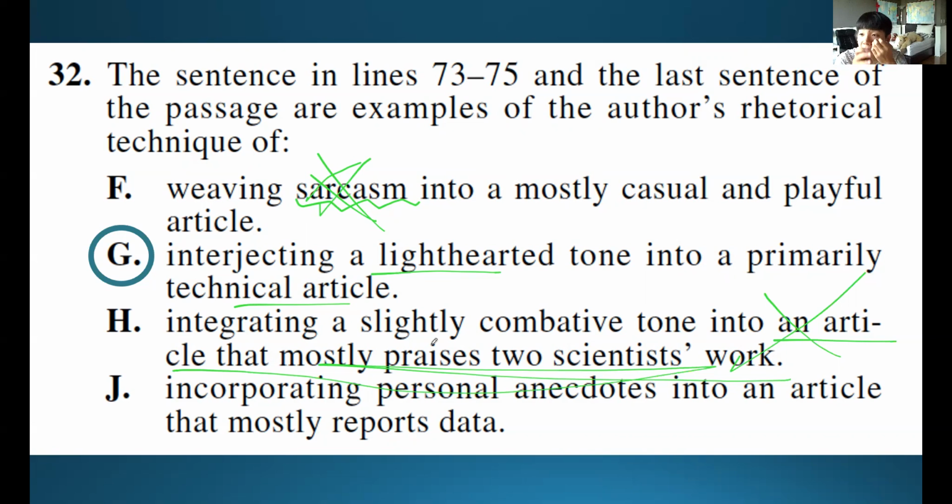They might trick you by making 3 sections right and 1 wrong, but if one's wrong, the answer is wrong. So if the second section is wrong, the answer is wrong, even if the first section is right. Incorporating personal anecdotes. Is the phrase head over heels a personal anecdote? No. A personal anecdote is a personal story. It's not right. So they are interjecting a lighthearted tone. That's the correct answer.